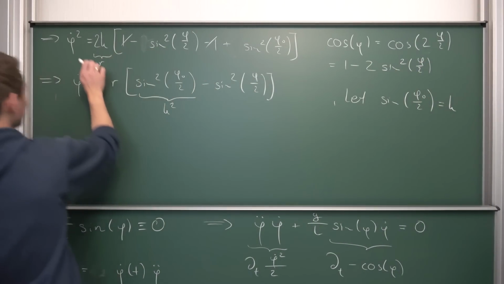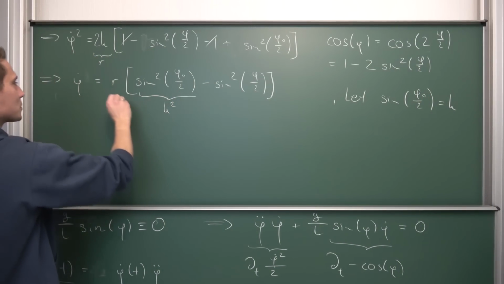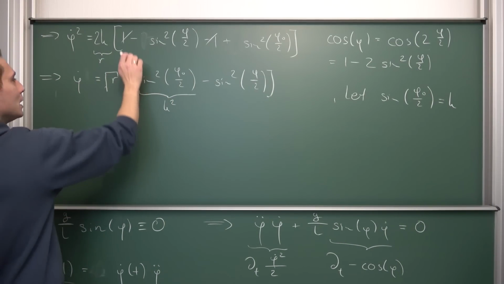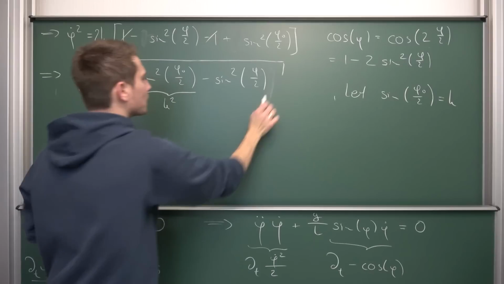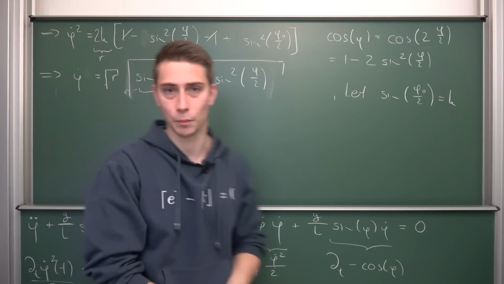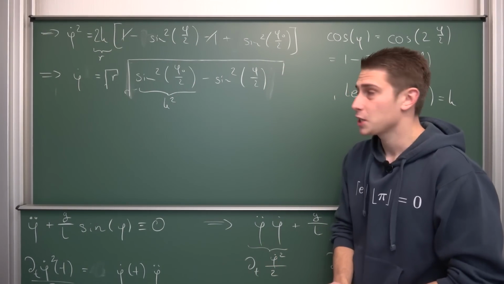That's great. So taking the square root on both sides, we are going to get the square root of r, and also we are going to get the square root of our k squared minus sine squared of phi over 2. And now we actually came pretty far.